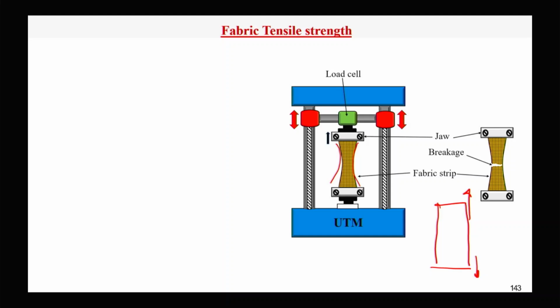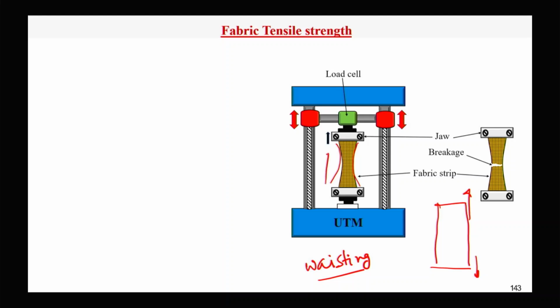This effect is known as the waisting effect, and this is due to the crimp interchange.